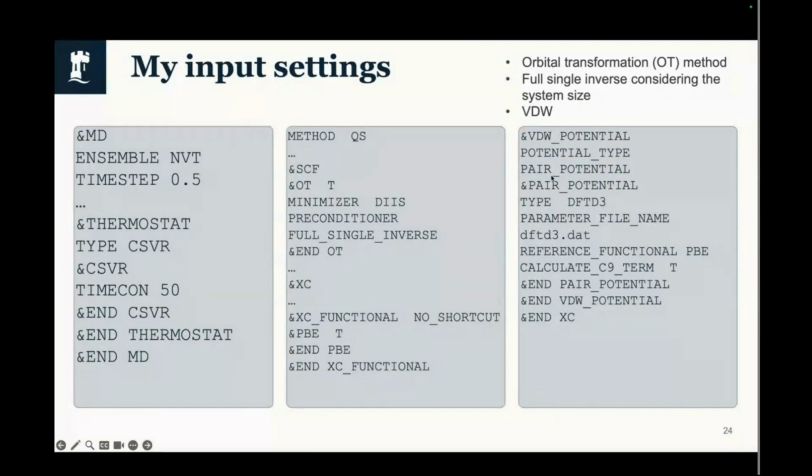Because our system is big, I'm not using full OT. Instead, I'm using full single inverse in the preconditioner keyword setting here. And then we also include the van der Waals potential so that the intermolecular forces are more accurate.